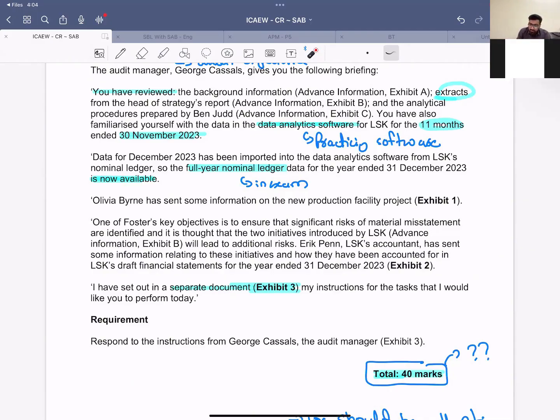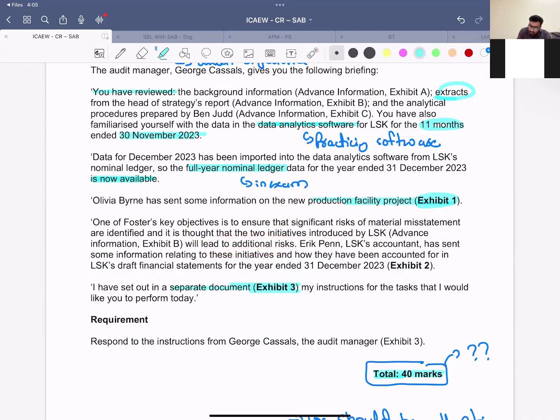So Olivia Bryan has sent some information on the new production facility project, Exhibit 1. One of Foster's key objectives is to ensure that significant risks of material misstatement are identified, and it is thought that 2 initiatives introduced by LSK will lead to additional risk.